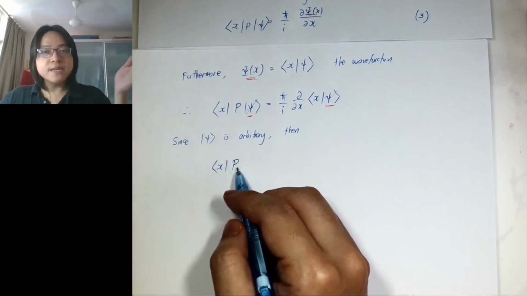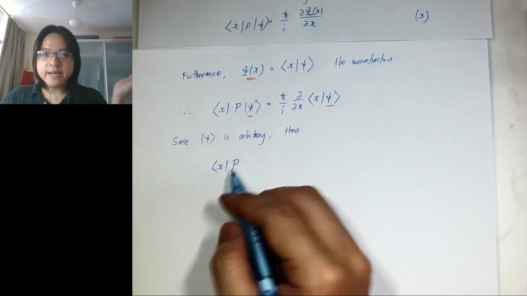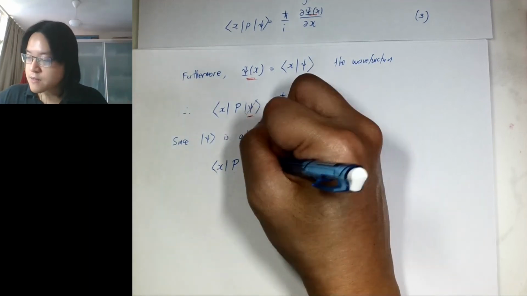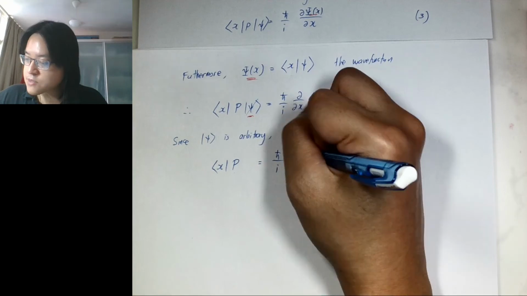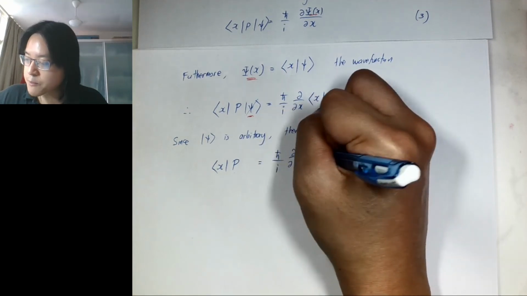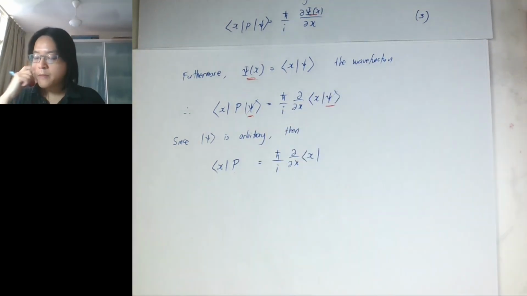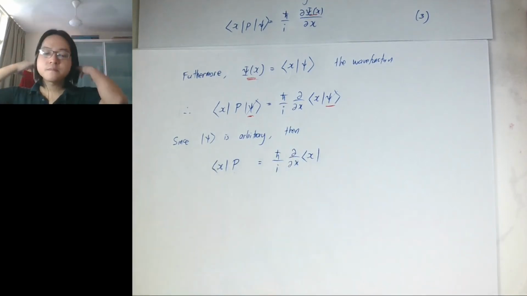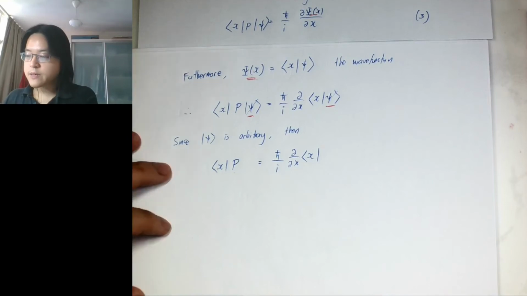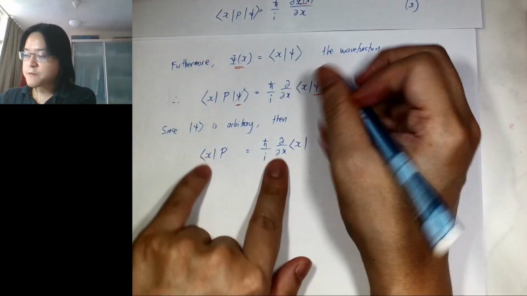P is a Hermitian operator, so it can go left and it can go right. So I'm cancelling the psi, and this is an equation for a bra: P times this bra is the same as the derivative of this bra. Okay, and then I got this result.